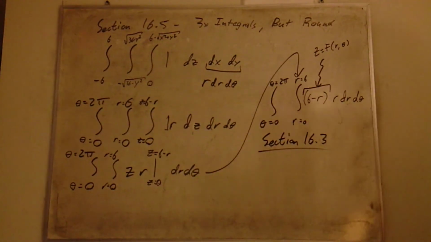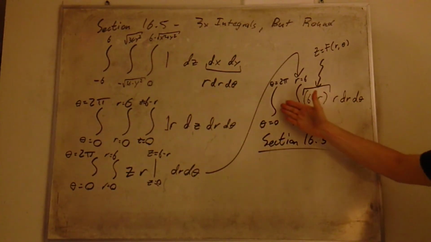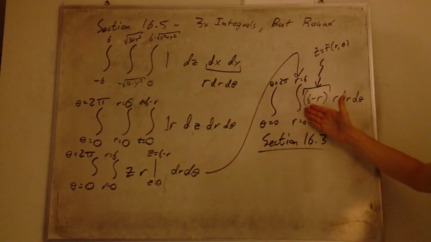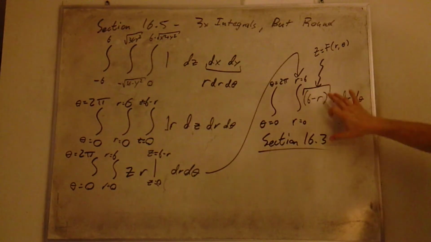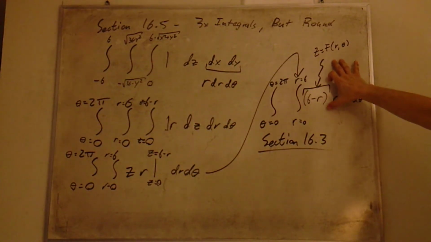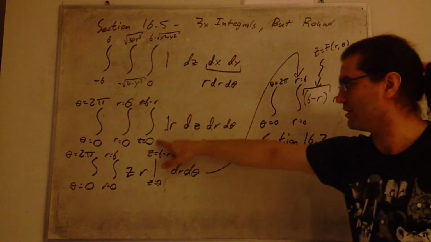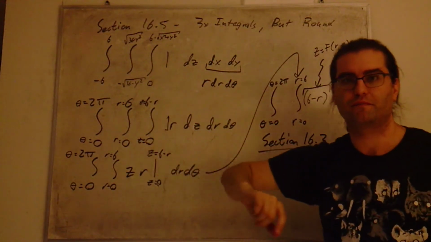This is us doing a double integral in polar coordinates of a function to find the volume under that function and above the xy plane.